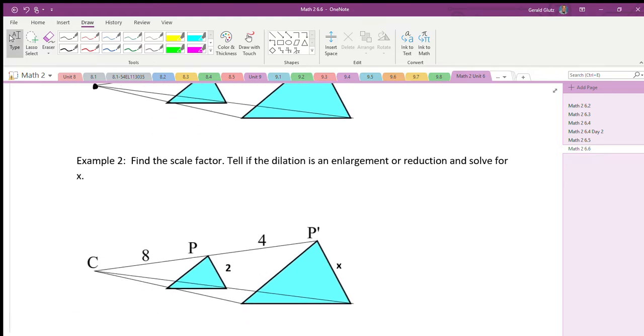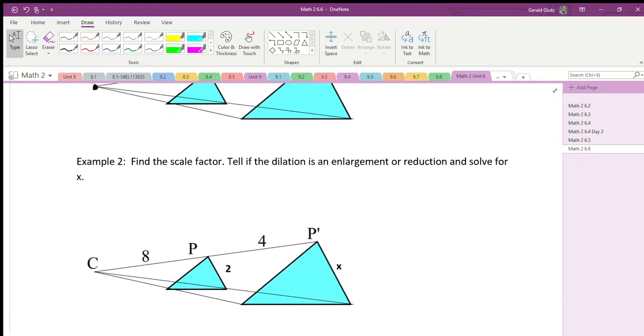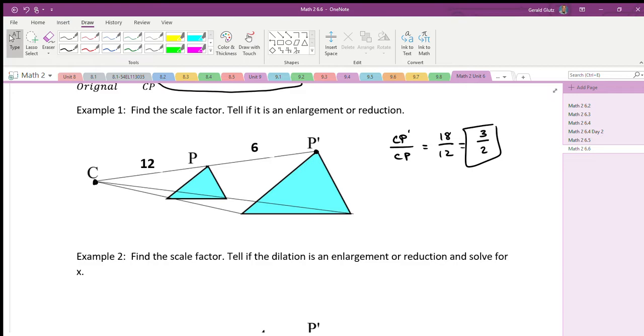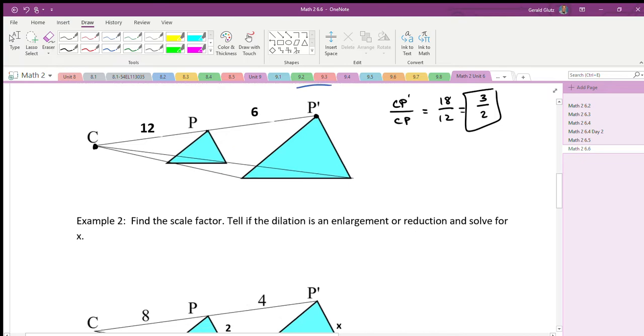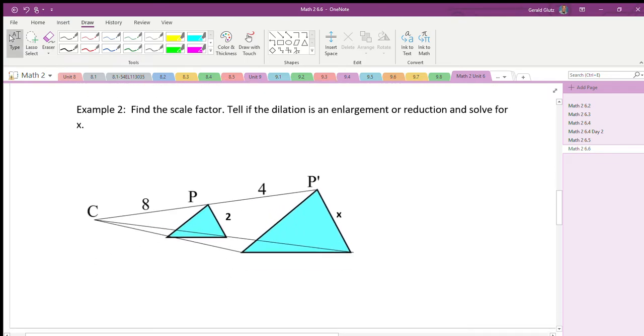For example 2, we have to find the scale factor, tell whether it's an enlargement or reduction, and then solve for x. This is obviously getting bigger, so our new image is bigger, and our scale factor is bigger than 1, so it's an enlargement. Here's our center of dilation and here's our P prime.